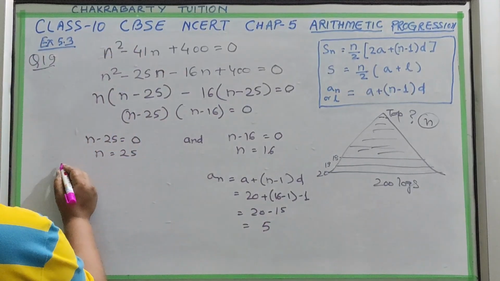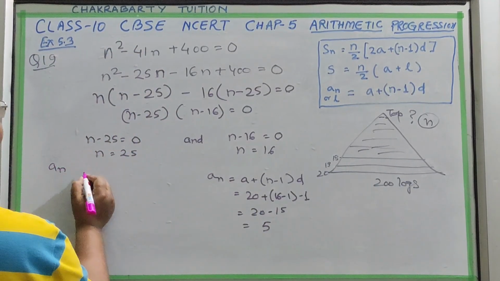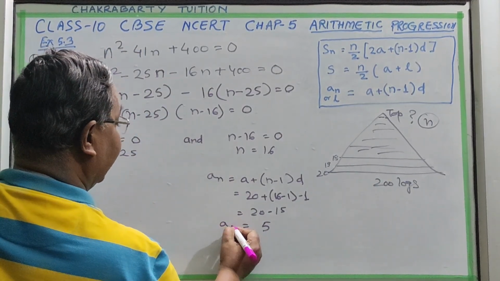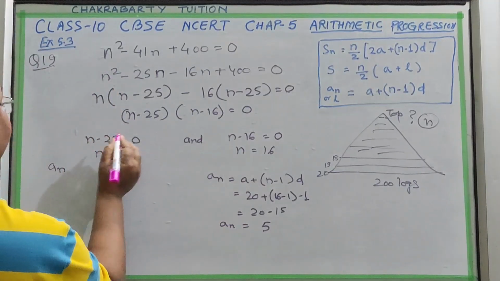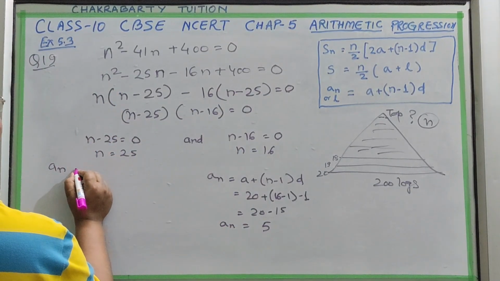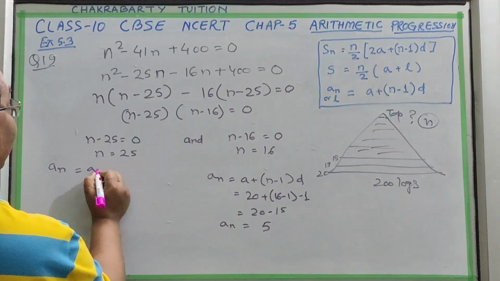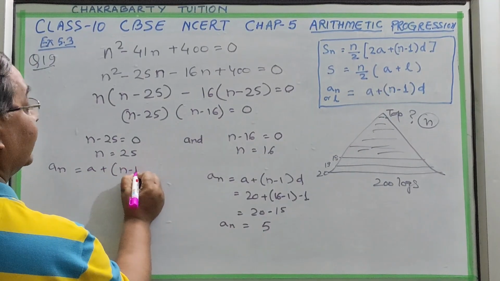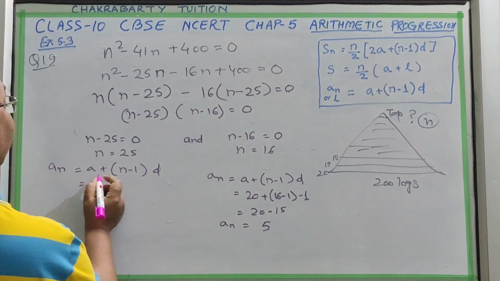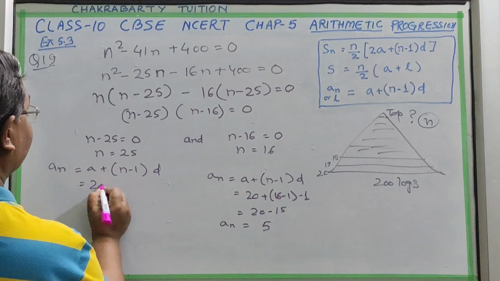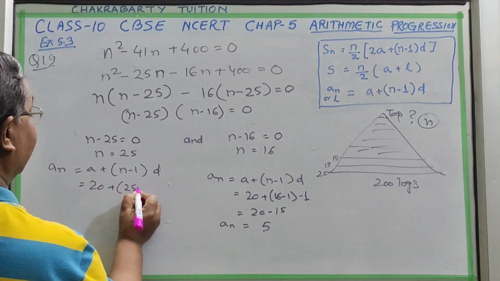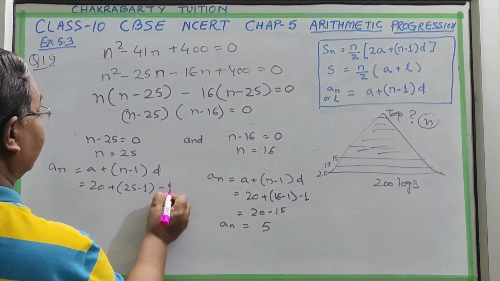Now, on this side, if you solve an, we have solved. Here if you solve an equal to a plus n minus 1 times d, a is 20 plus n is 25 minus 1, and d is minus 1.